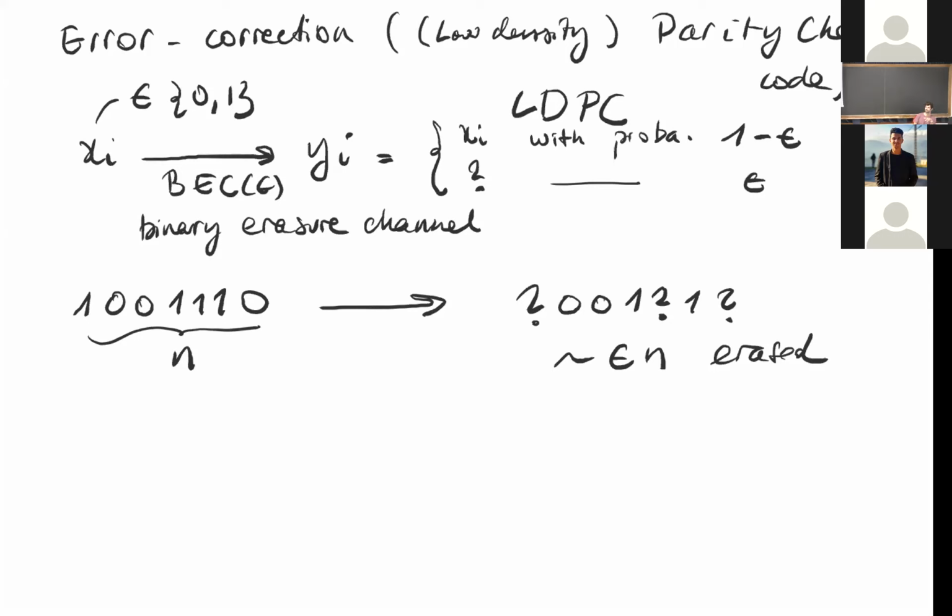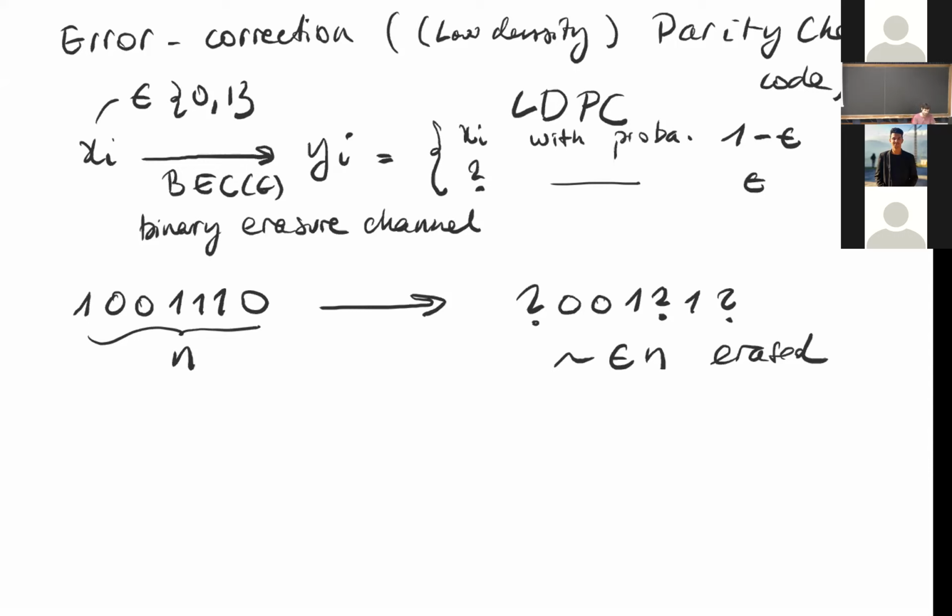So we need a code. We need in some way to start from this series of bits that are independent of each other. Here, if there are no constraints on these bits, if you receive a bit, the next one can be anything, a priori. What we'll do instead is to create a code. It means that we will constrain these bits in some way.